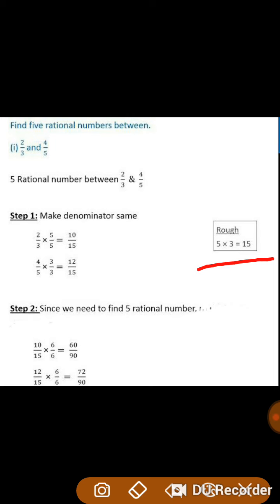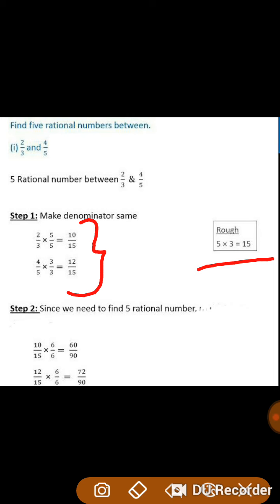The next rational number 4 by 5 needs again to be converted to denominator 15. So, we will multiply it by 3 by 3 to make it 12 by 15. Now, as you can see, both the denominators are same and both the rational numbers have become like.